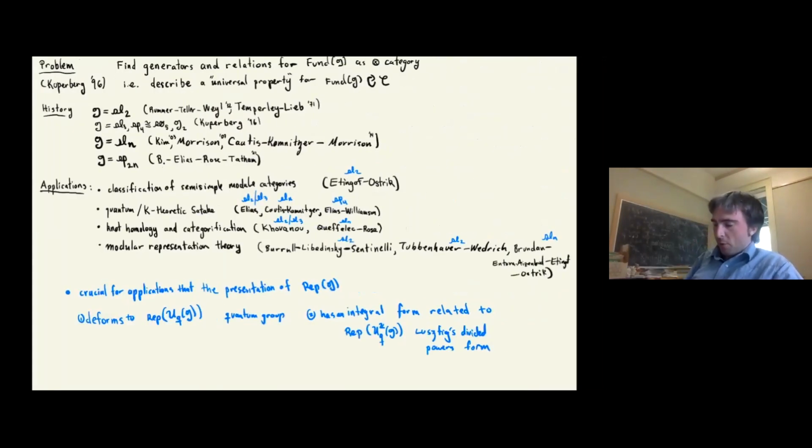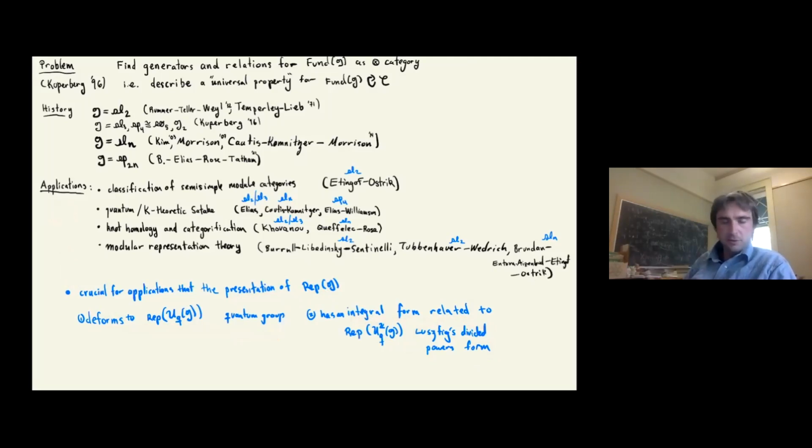So the one thing I just wanted to point out, which maybe isn't so important for what I'm going to talk about, but it's good to have in mind, is that even though I framed this as wanting some universal property for Rep G, it's quite important in these applications that whatever our presentation of Rep G is, it can deform to representations of the quantum group, as well as have some integral form, which we can then relate to representations of something like the divided powers quantum group.